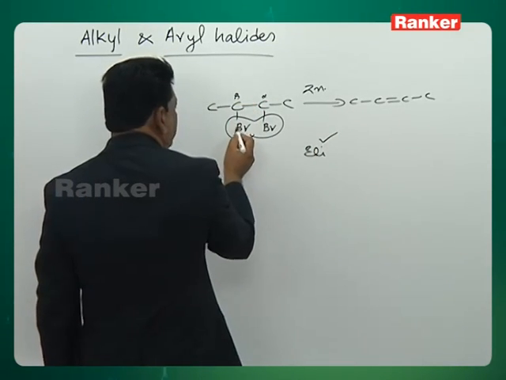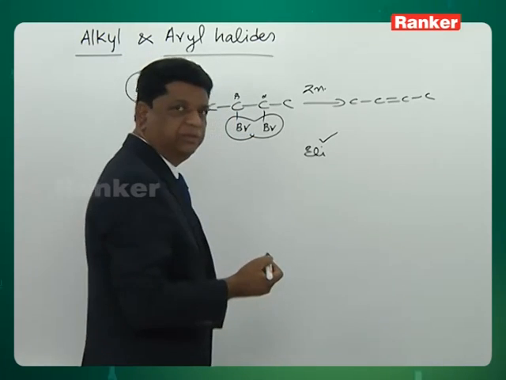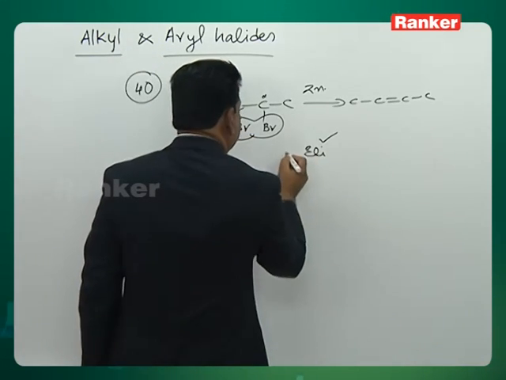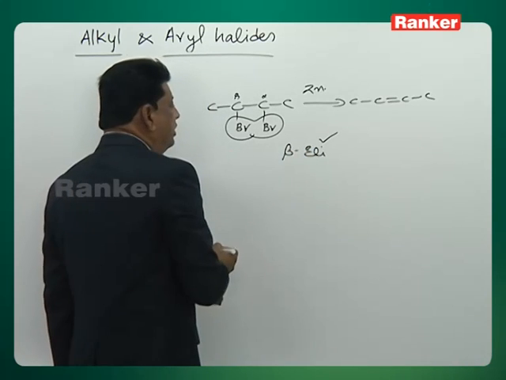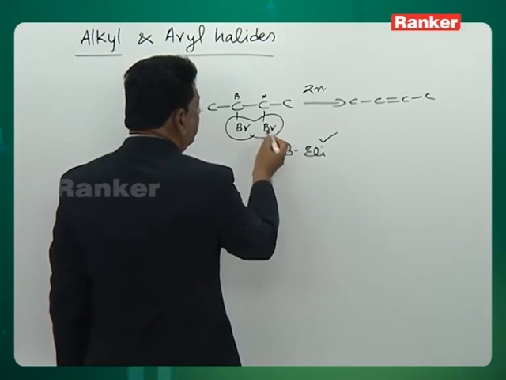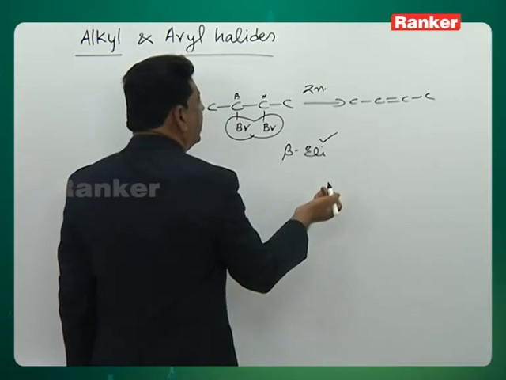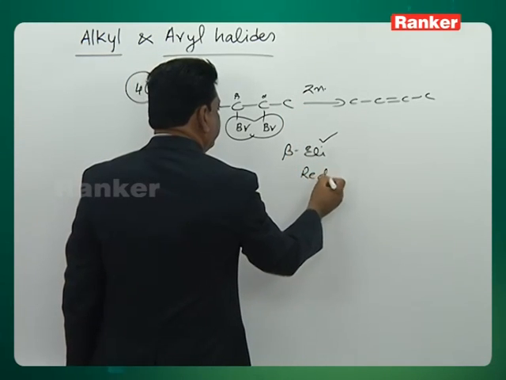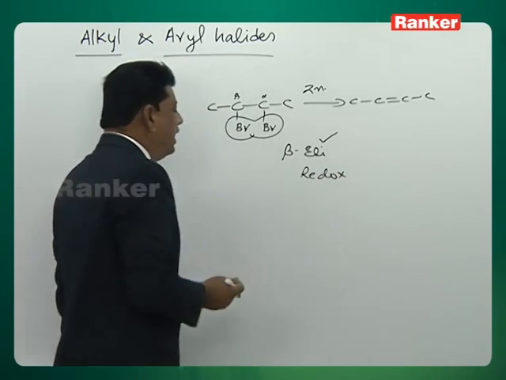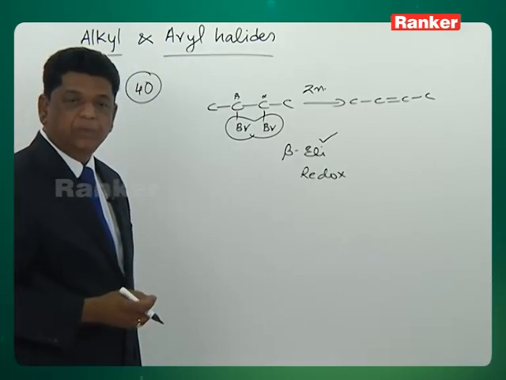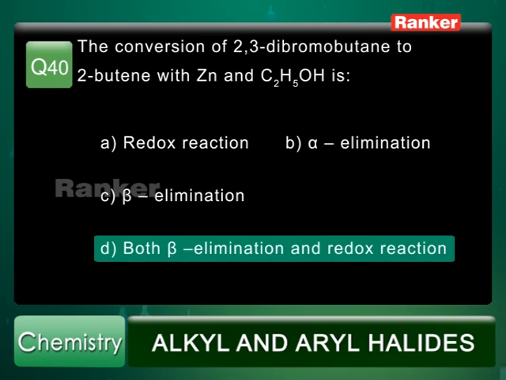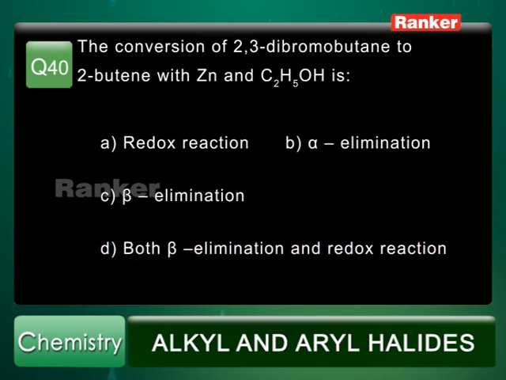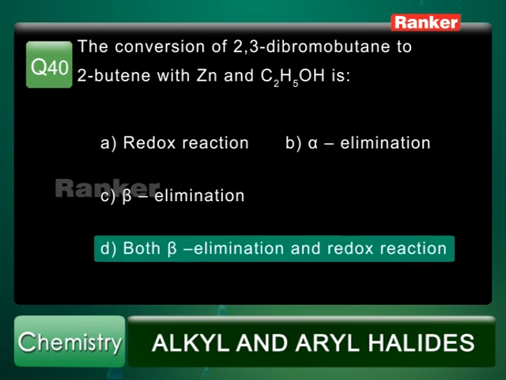The beta bromine is removed with reference to the first bromine, so therefore it is a beta elimination. Also it is a removal of the bromine, and zinc is undergoing oxidation, so therefore it is a redox reaction also. So the answer is option D, both beta elimination and redox reaction. Answer D is the right answer.